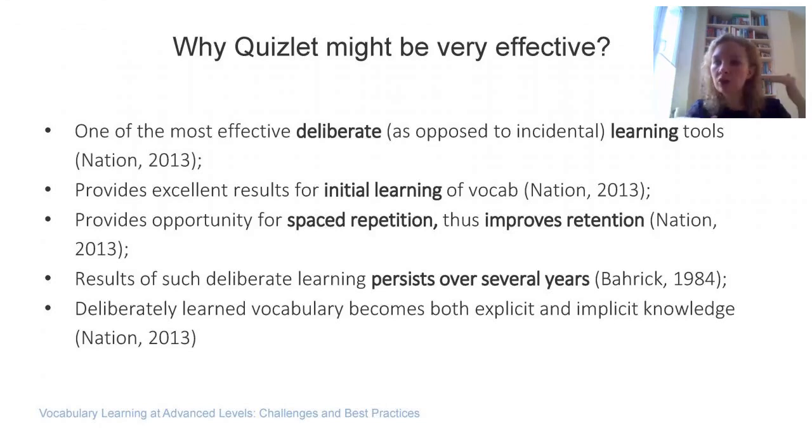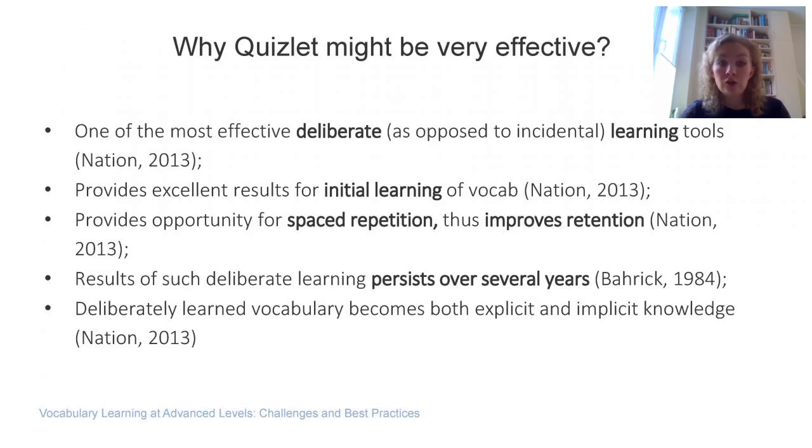But it's conscious and subconscious, to put it very simply. Again, you can see this book I'm referring to, by Paul Nation, who's a very, very influential person in vocabulary research. So as you see, there's a lot of scientific support for this kind of learning.